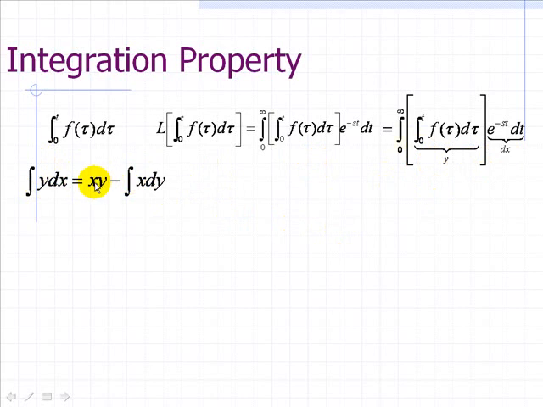Now we need to figure out what x is and what dy is. Here, dy is just f of t dt, and then x equals minus e to the minus st divided by s. When I take the derivative of this, I get this expression here.